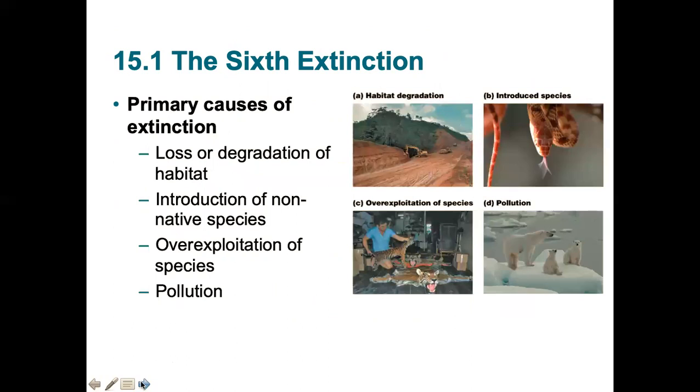And the primary causes of extinction: I want to say humans, and humans, but it is loss of habitat or degradation. I mean, yes, loss of habitat can happen, but humans are sprawling and we are taking over other habitats. Introduction of non-native species. We are living in a global climate right now where you can jump on a plane and be in a completely different hemisphere, continent in just a few hours.